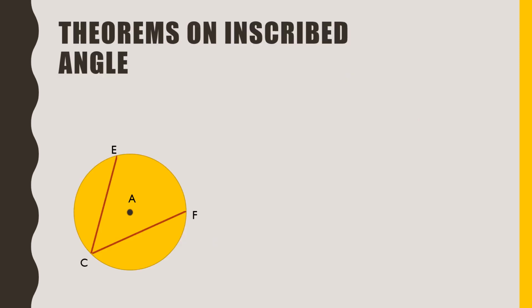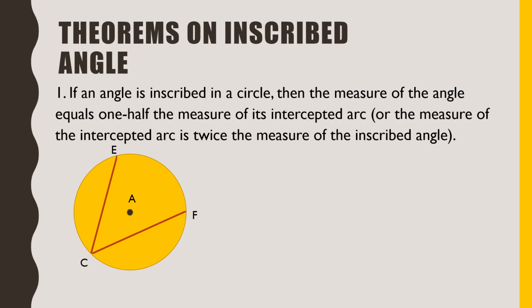Now let's move on to the theorems on inscribed angles. Theorem number 1 states that if an angle is inscribed in a circle, then the measure of the angle equals 1/2 the measure of its intercepted arc, or the measure of the intercepted arc is twice the measure of the inscribed angle.